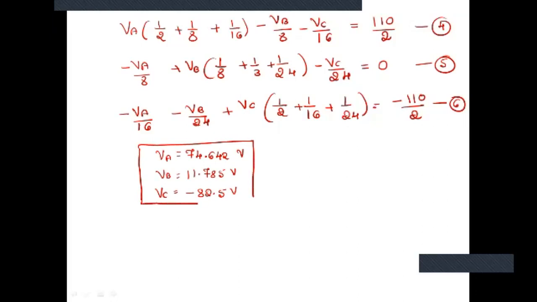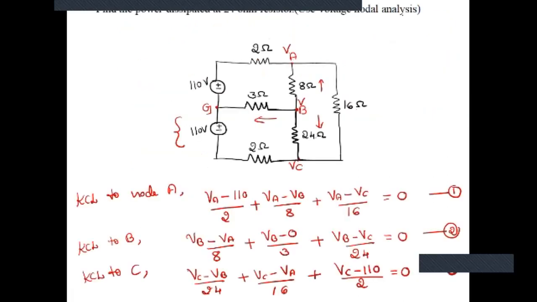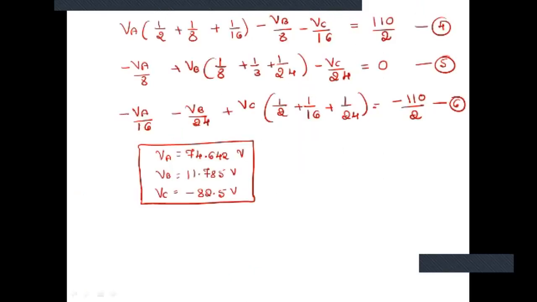And what are we supposed to find? We are supposed to find the power dissipated in the 24 ohm resistor. First, let me find the current. I24, the current through the 24 ohm, is VB minus VC by 24.